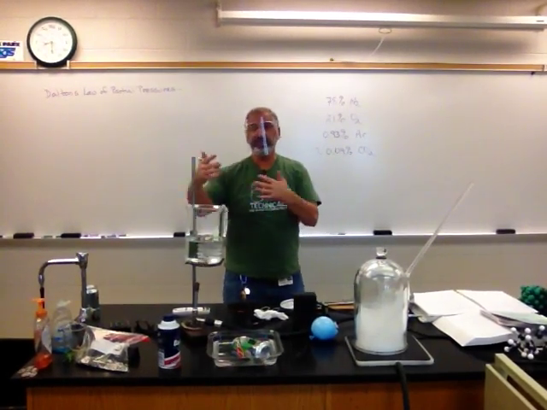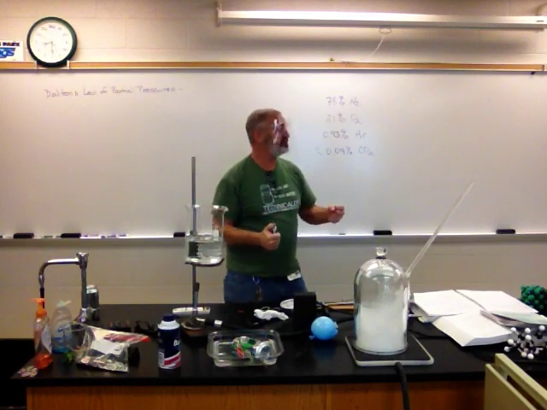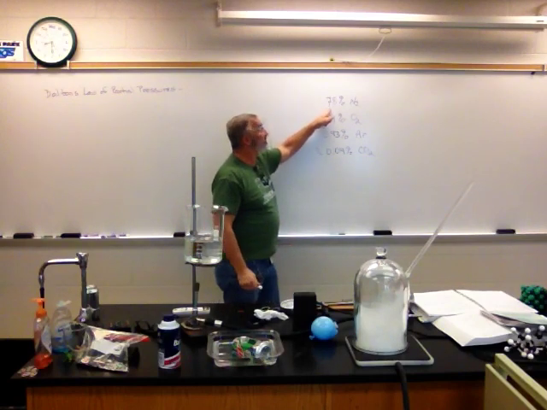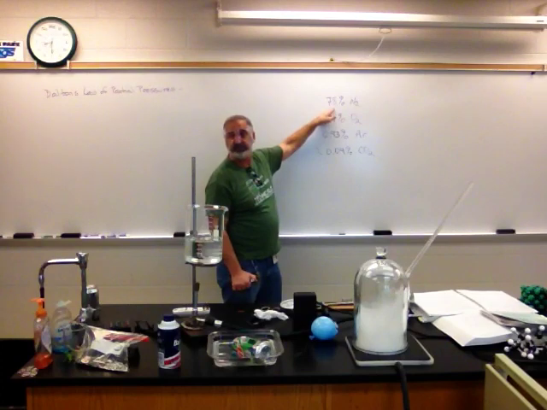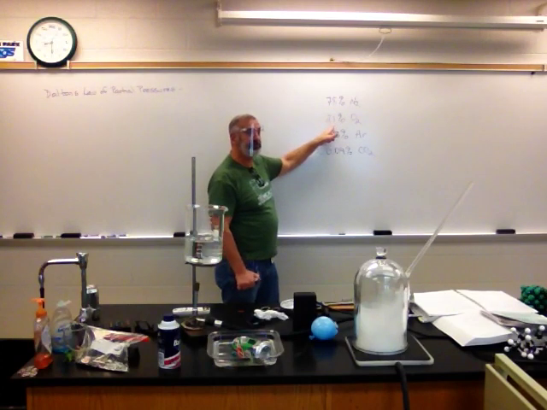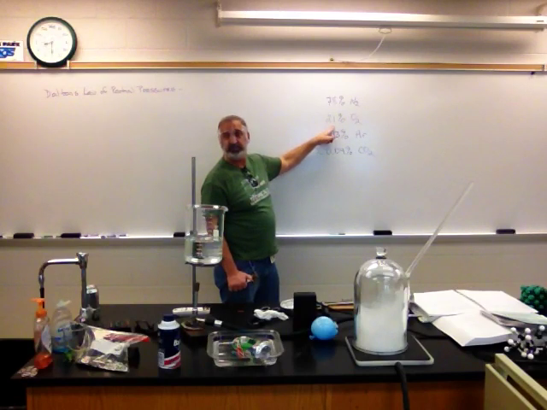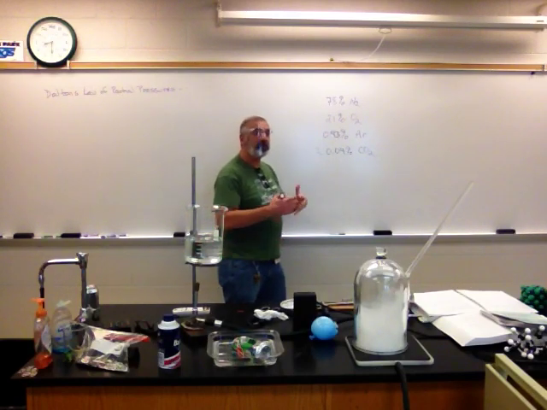The oxygen's acting like whether the nitrogen's here or not. Of the 1 atmosphere, the part of the pressure that's due to nitrogen is going to be 0.78 atmospheres. The part of the total 1 atmosphere pressure that is due to oxygen is going to be 0.21 atmospheres.